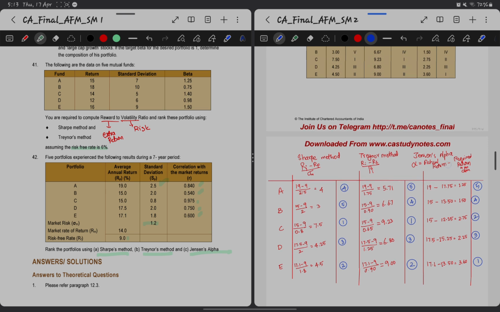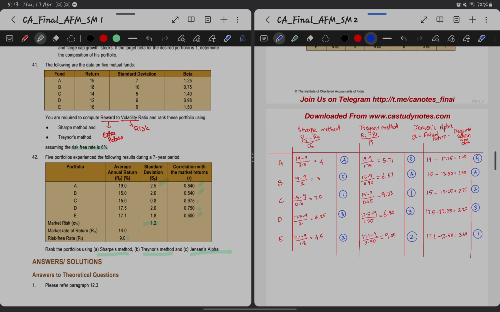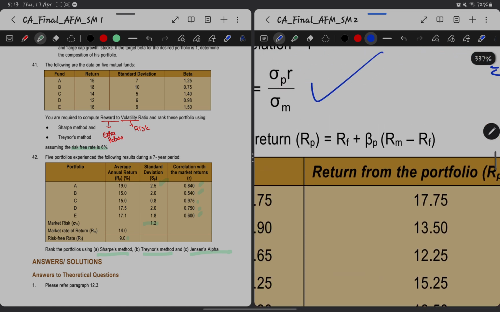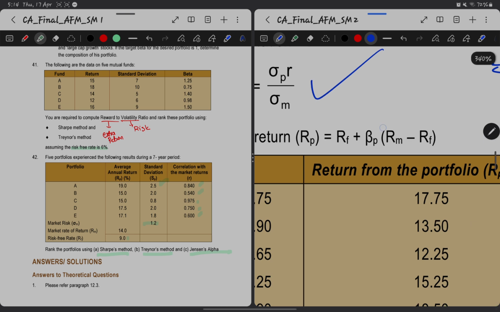Now the third requirement is Jensen's alpha. It is nothing but the actual return minus the required return as per CAPM. So we have the actual average annual return, but we need to find out the required portfolio return as per CAPM model, which is nothing but RF plus beta of portfolio multiplied by RM minus RF, wherein this RM minus RF is the market risk premium, and RF is the risk-free return.